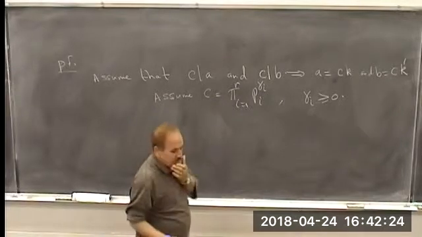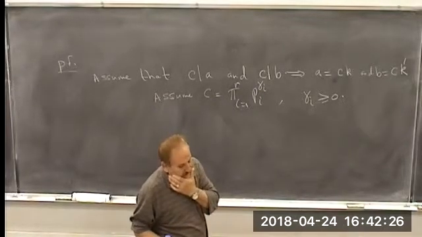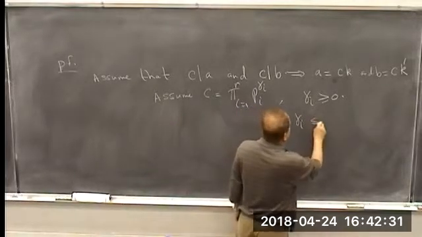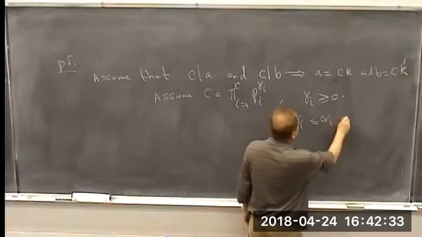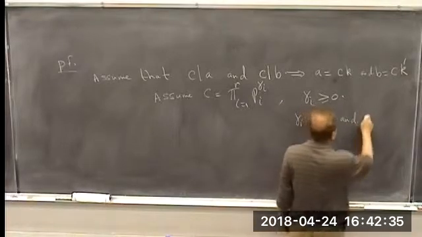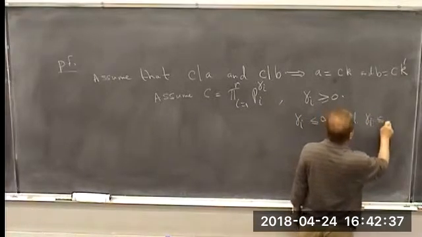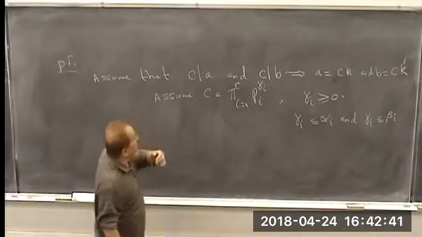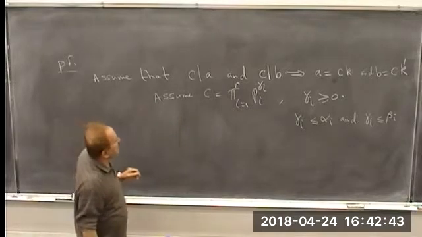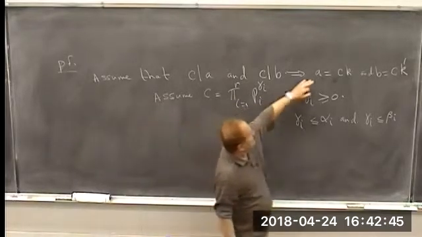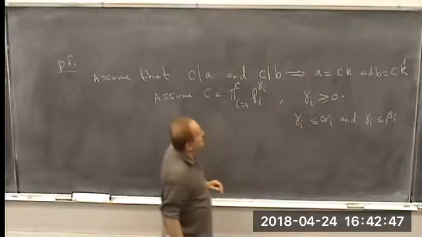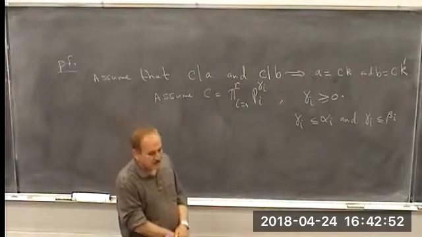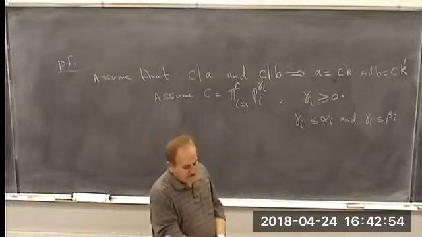Moreover, we also have that gamma_i is less than or equal to alpha_i, and gamma_i is less than or equal to beta_i. Because it divides, this side might have bigger exponents.